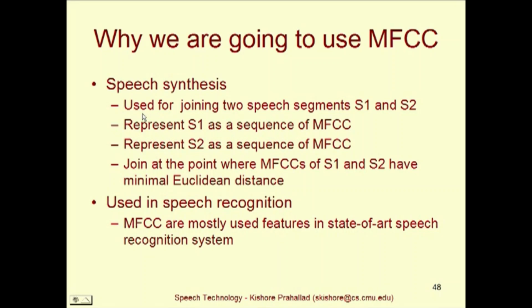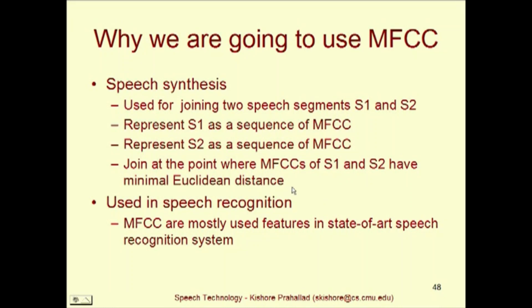Let's see how. Let's say you want to join two speech segments, S1 and S2. If you join at any place, you would get disjoints, that means bad concatenation. To get good concatenation points, you represent speech segment 1 as a sequence of MFCCs and speech segment 2 as a sequence of MFCCs. Now join at a point where the MFCCs of S1 and S2 have minimal Euclidean distance.